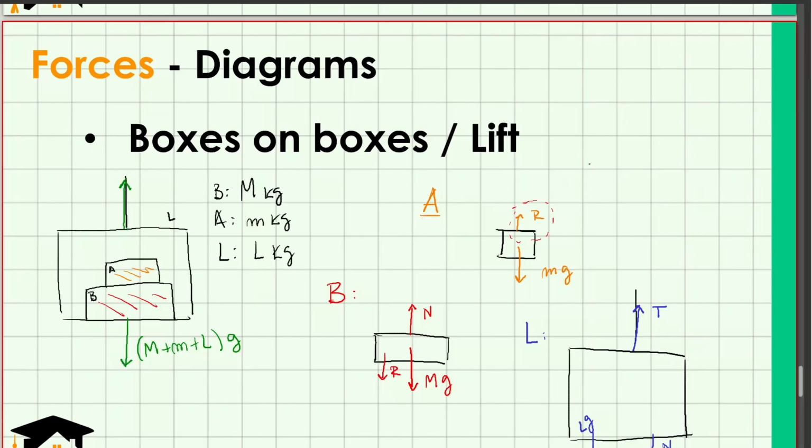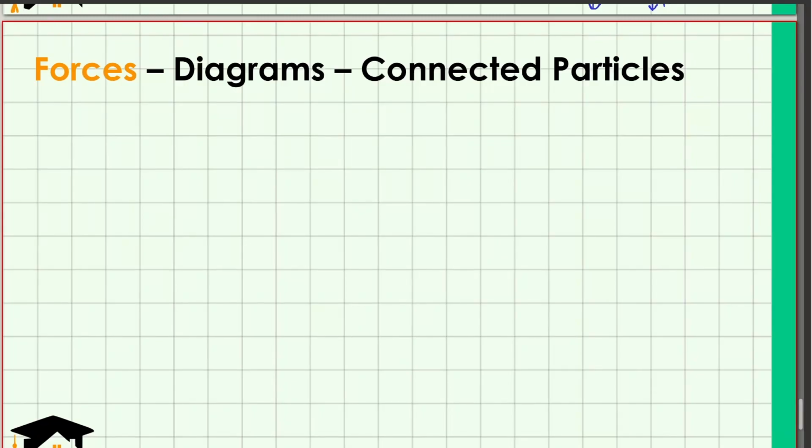And let's move on to more complicated situations, like when we have connected particles. For example, if we have, let's say, a caravan that is being pulled by a car that is moving in that direction, the car is going to be having a driving force in this direction.